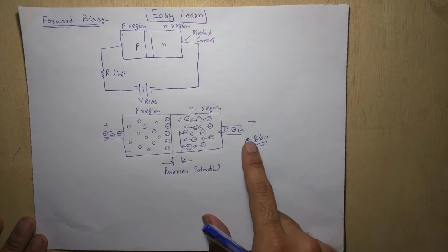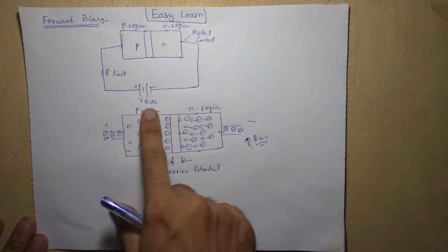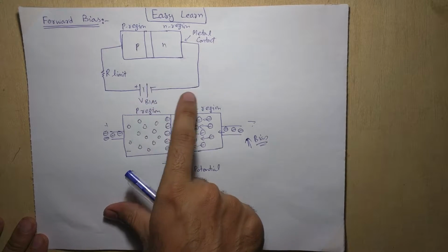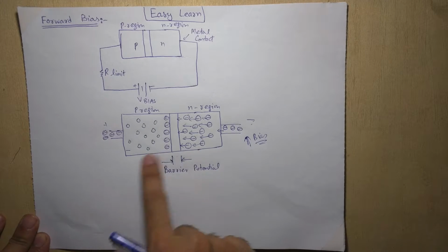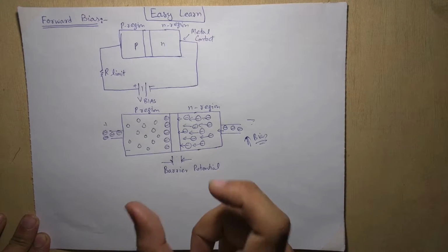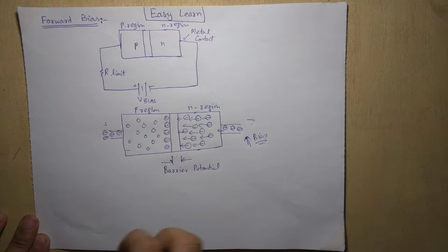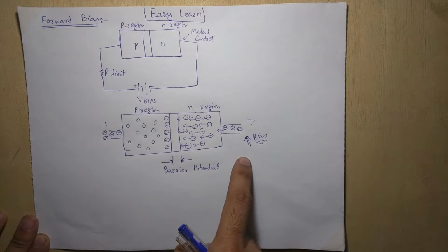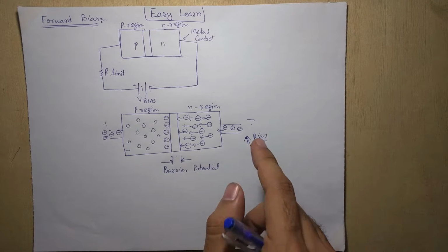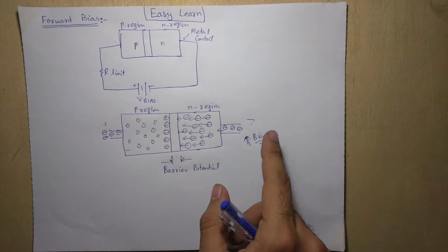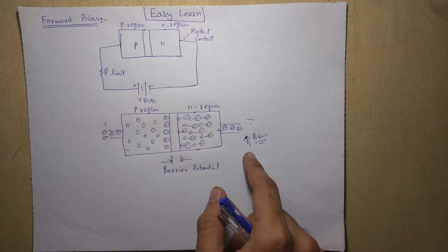It is not connected for a while, for an instant, and then disconnected. It is continuously moving, so there is a source which is continuously providing free electrons.